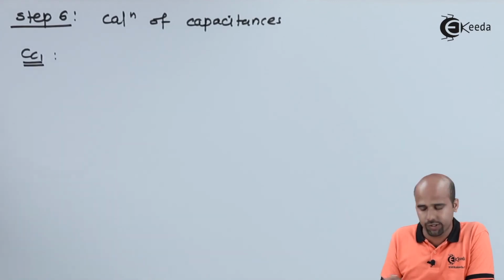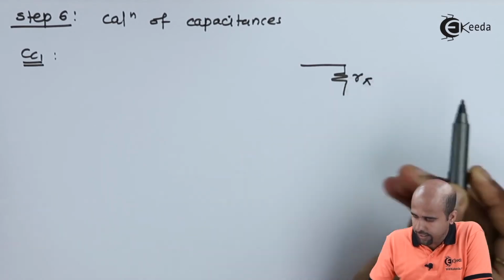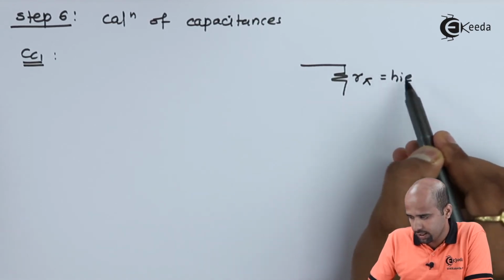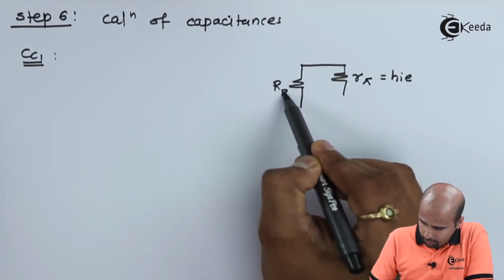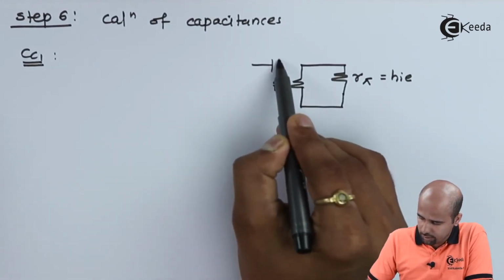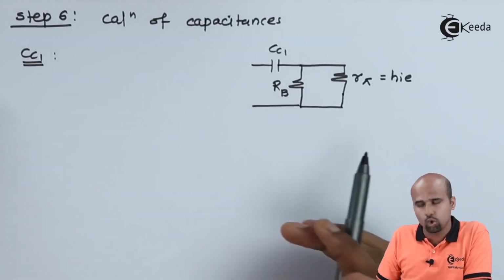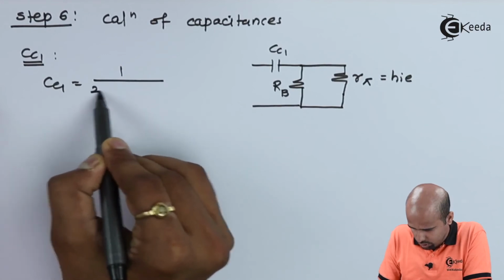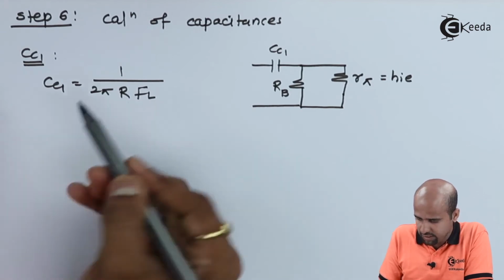CC1. For CC1, I'll just draw this circuit over here. This is your R pi, which is nothing but your HIE, 2.7 kilo ohm. This is the value of RB for the standard values, and here is the value of CC1. No source resistance is given, so it is a simple calculation: CC1 is equal to 1 upon 2 pi R into FL, where FL is given.